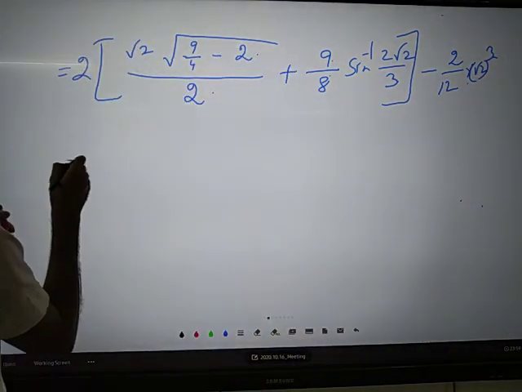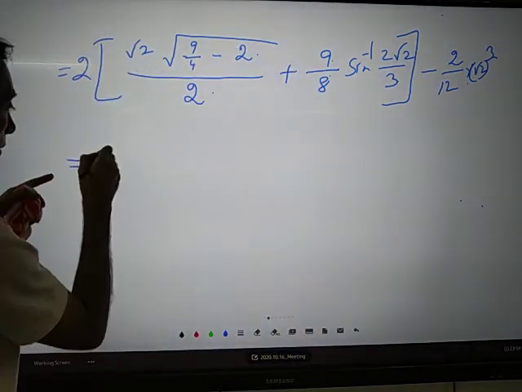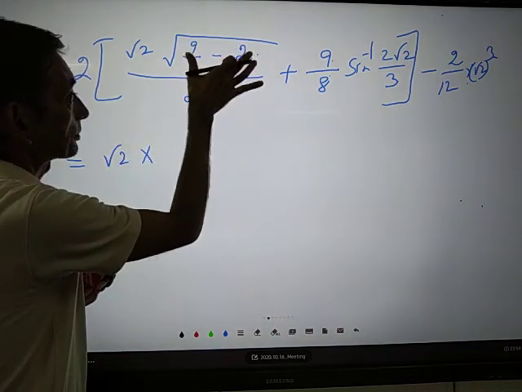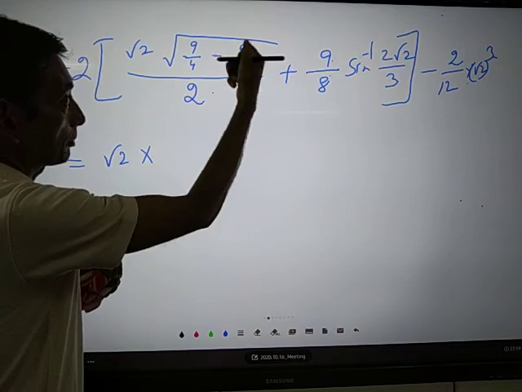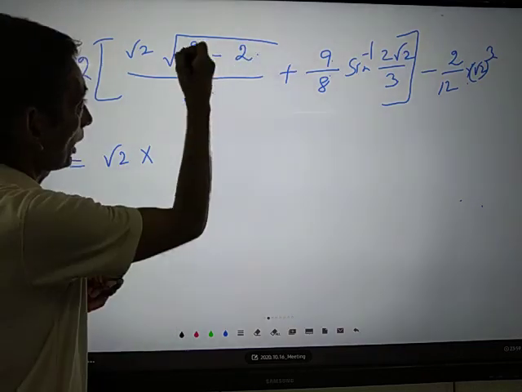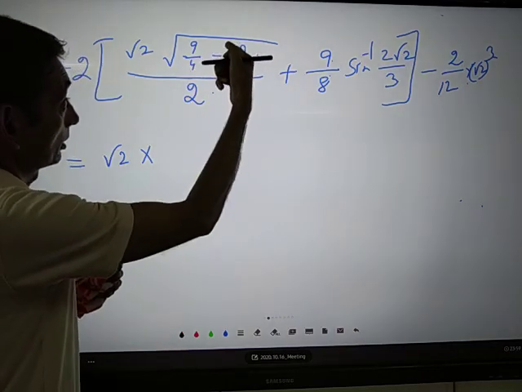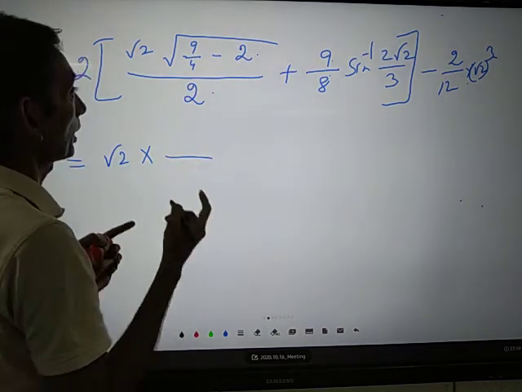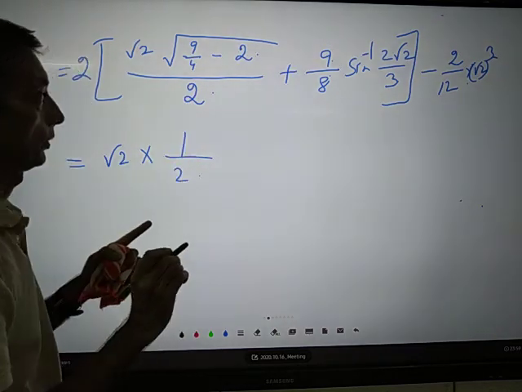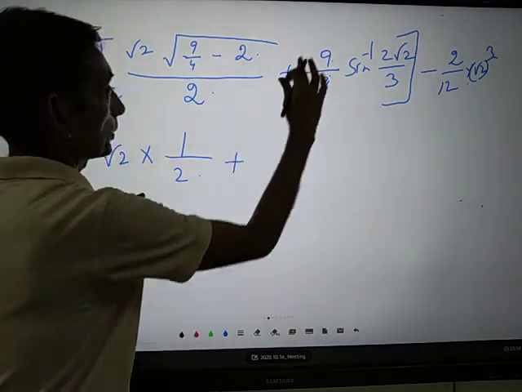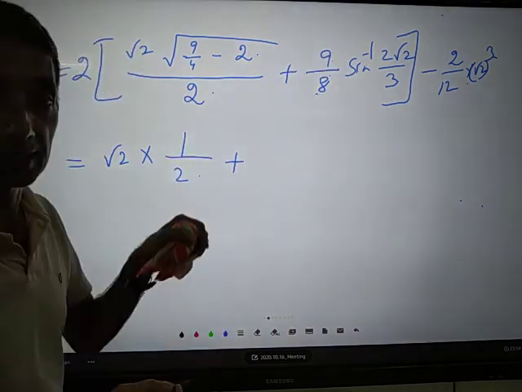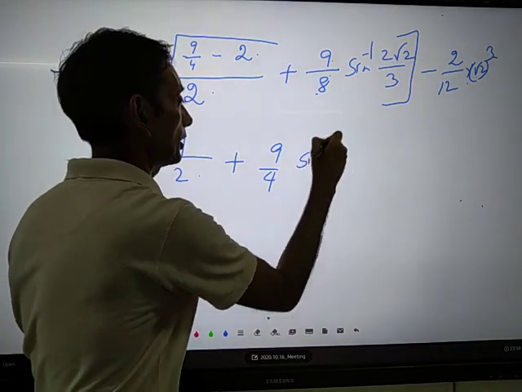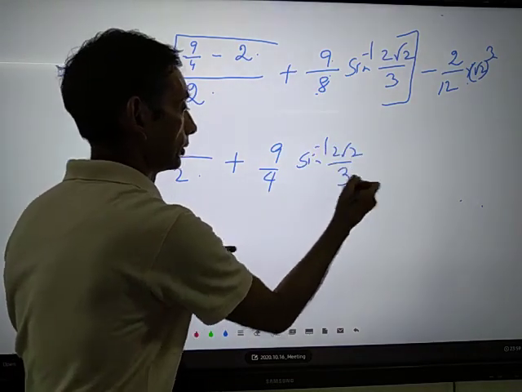This 2 and this 2 will get cancelled out, we'll just get root 2 and 9 by 4 minus 2, it gives us what? 9 minus 8 by 4 means 1 by 4, so root of 1 by 4 is half, fine, plus, if you multiply 9 by 8 by 2, this gives us 9 by 4, sine inverse 2 root 2 by 3, fine.